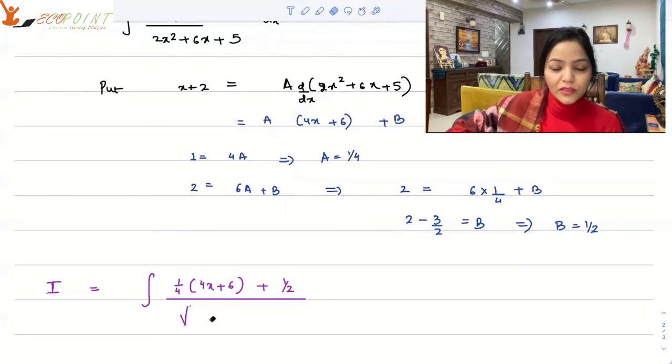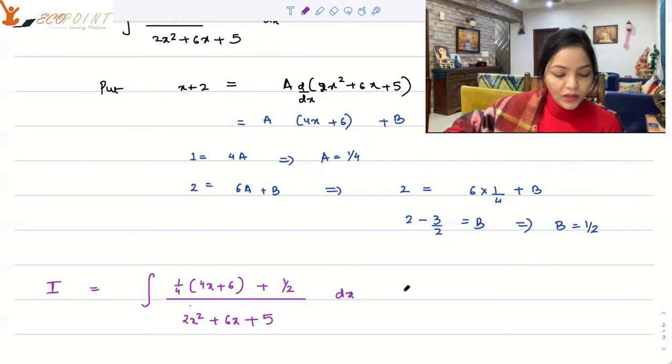This was not the square root case. Square root case will also come, don't worry. So upon 2x square plus 6x plus 5 dx, right?